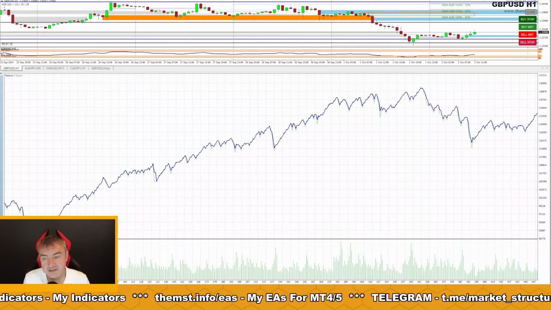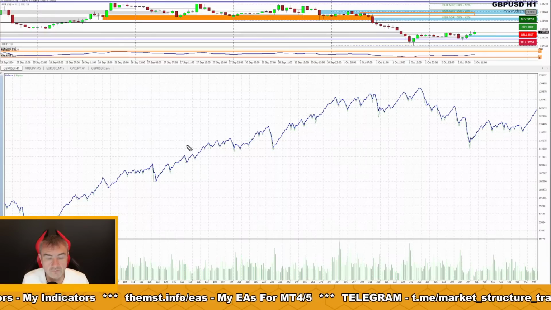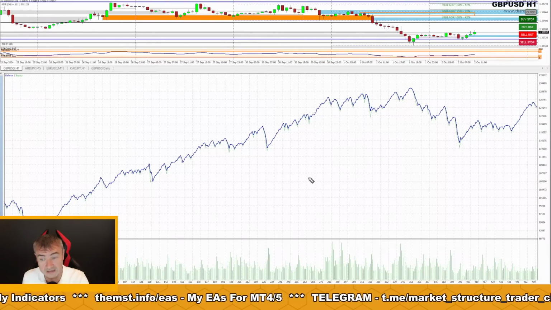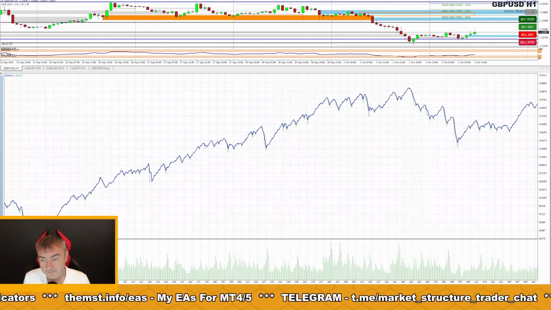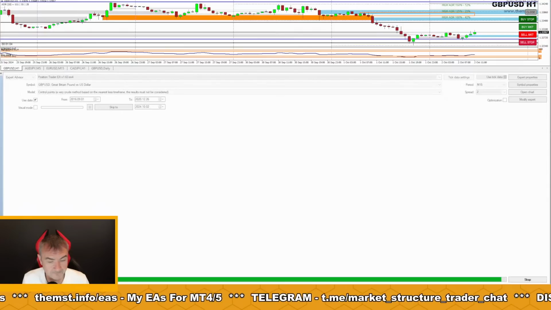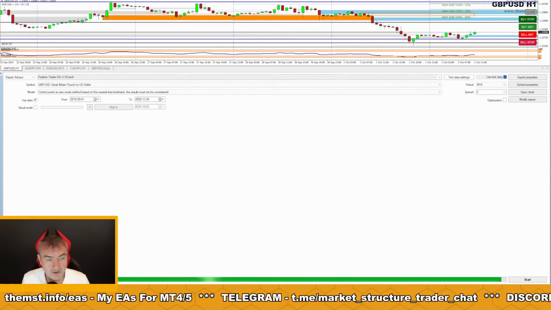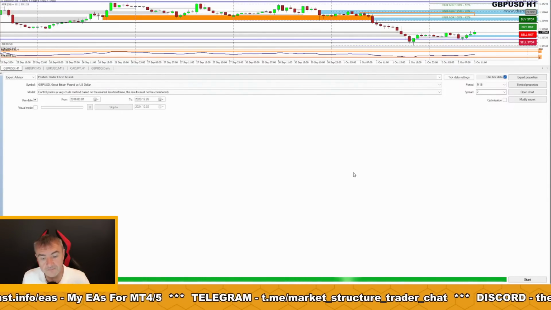First way is by changing time frame. So if you run your strategy, as in this case, on M15, you will get a different result on M5.